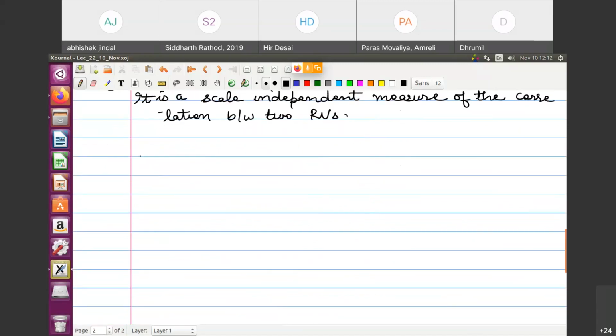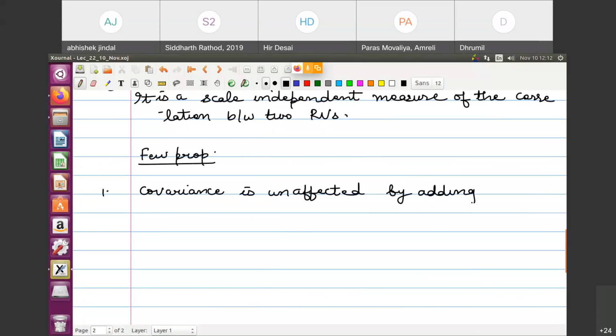Now, a few properties which are important. A few properties of the covariance matrix or covariance in general: covariance is unaffected by adding constants. This must be known. Why? Because covariance already subtracts the mean. Let us see what I mean.